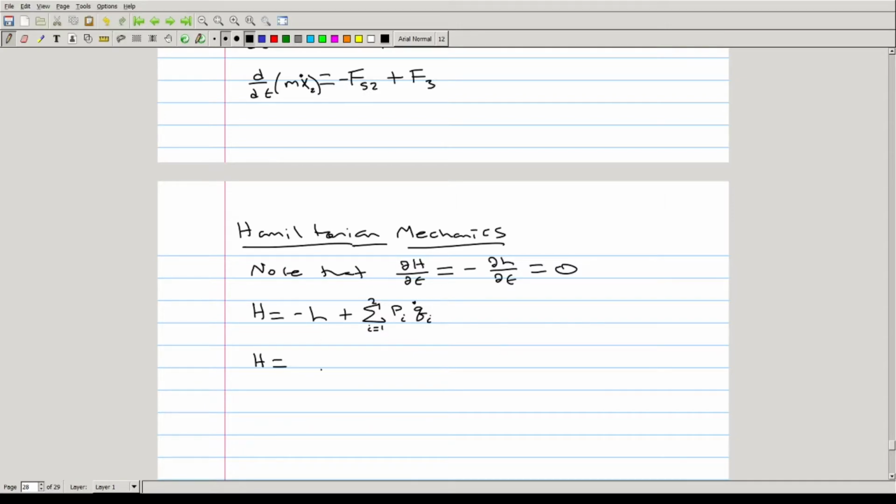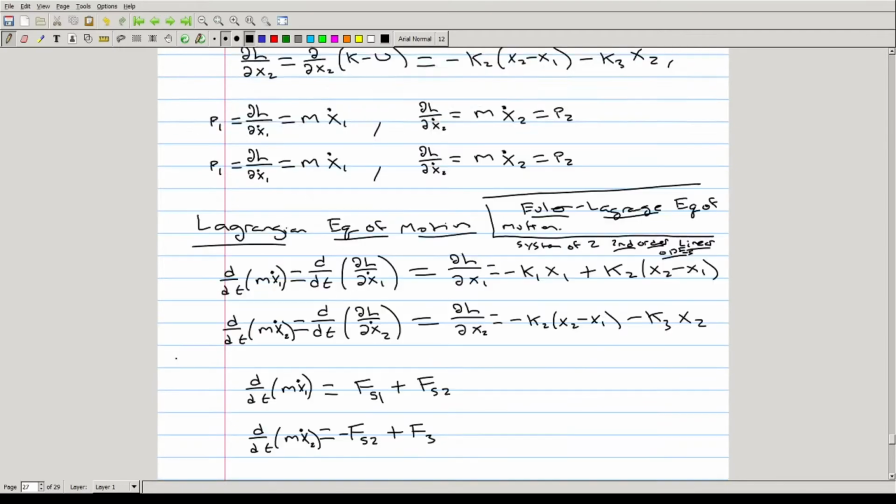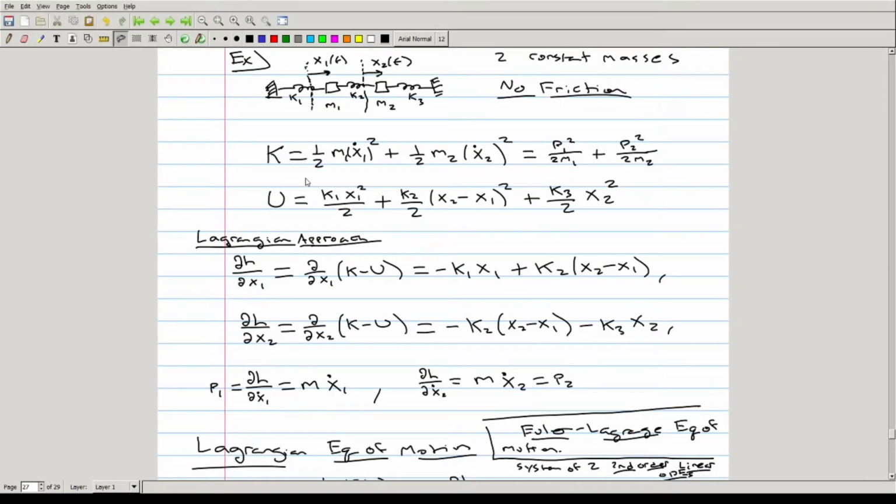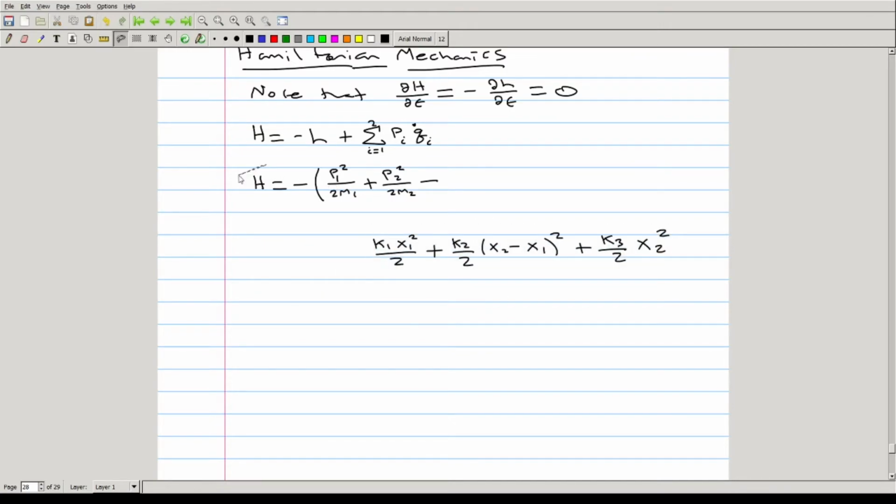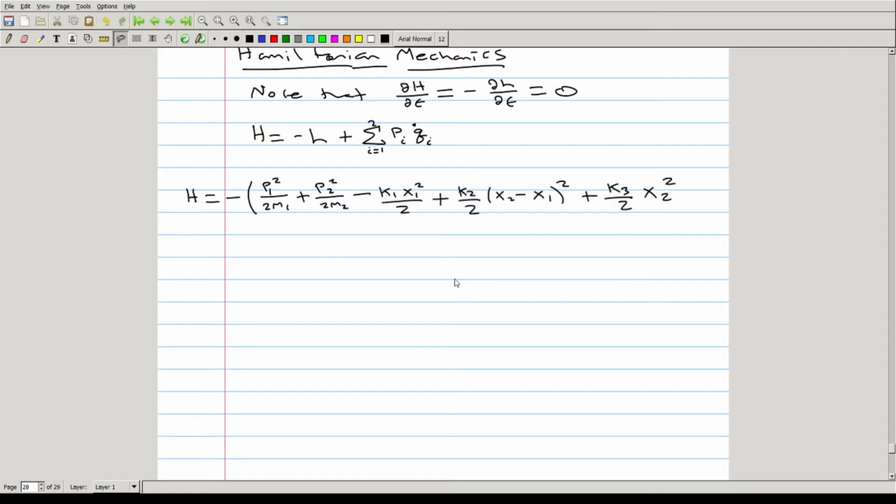So our H function is going to be negative p1 squared over 2m1 plus p2 squared over 2m2 minus the potential energy, plus p1 times x1 dot plus p2 times x2 dot.